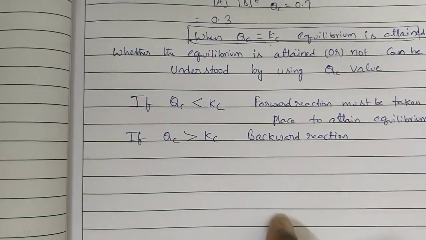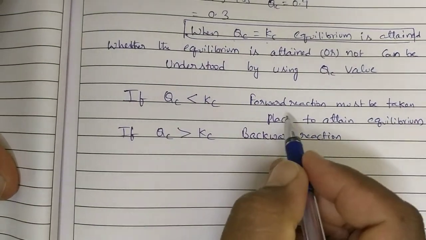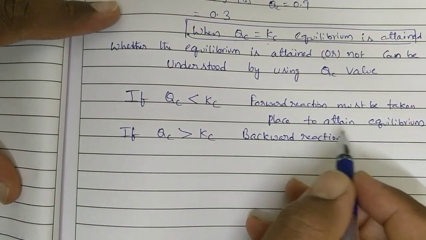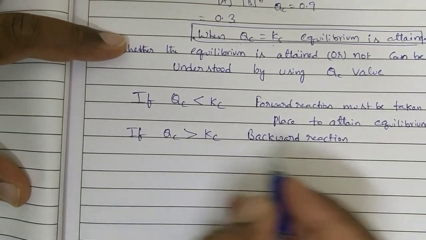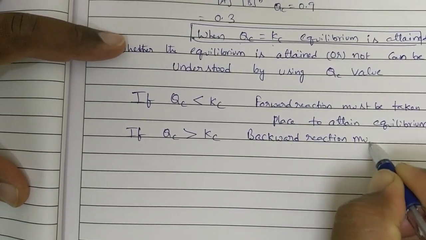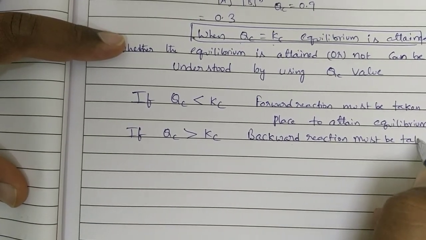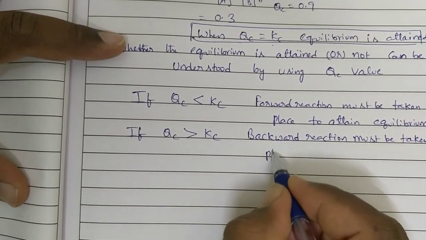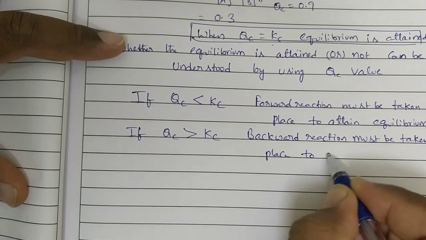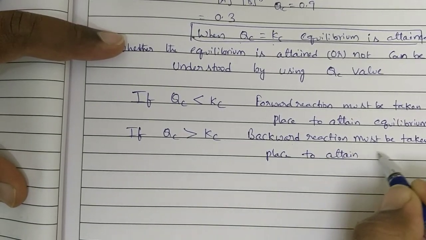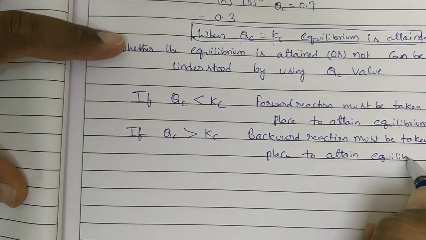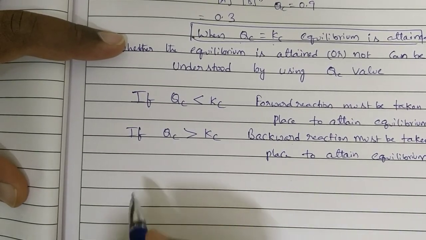If QC is less than Kc, forward reaction must be taken place to attain equilibrium. If QC is greater than Kc, backward reaction must be taken place to attain equilibrium.